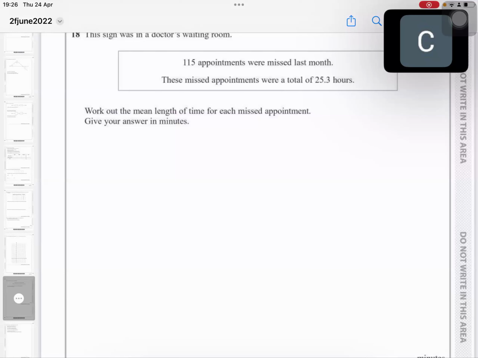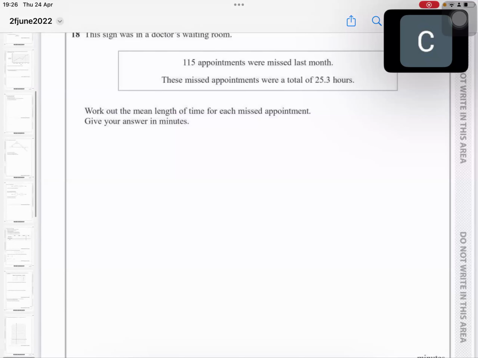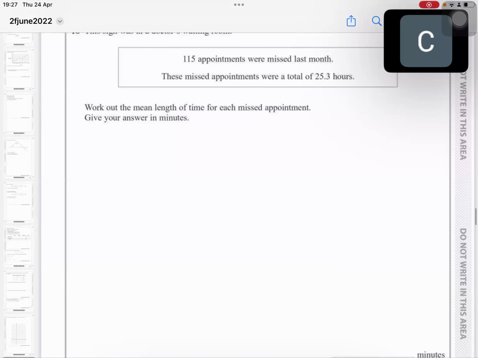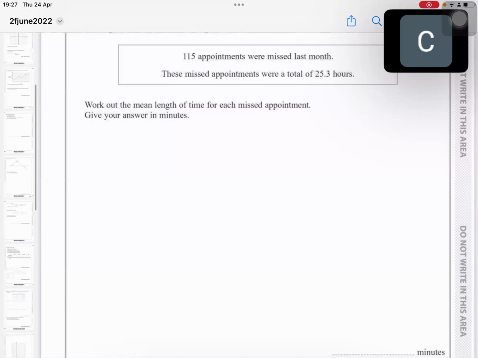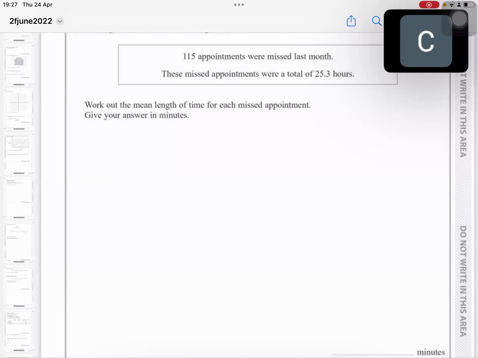Okay, what do you think about this one? You remember what we said about the mean, right? The average, yes. 115 appointments were missed last month.